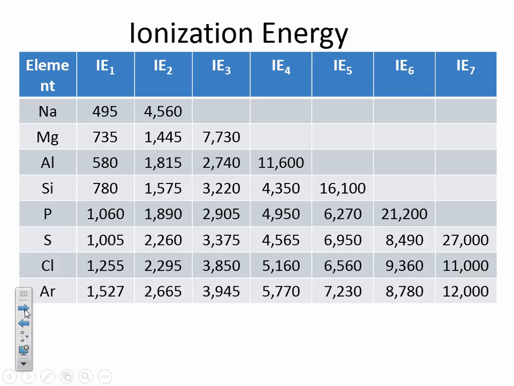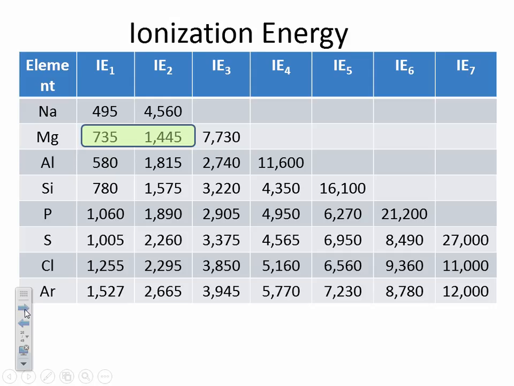Another proof that we would have towards our modern model is the look at successive ionization energies. If you look at this chart, we can see that if you consider magnesium's first ionization energy versus its second, it takes more energy to remove that second electron from magnesium. And that's because in order to remove the second electron, we also have to remove the first.